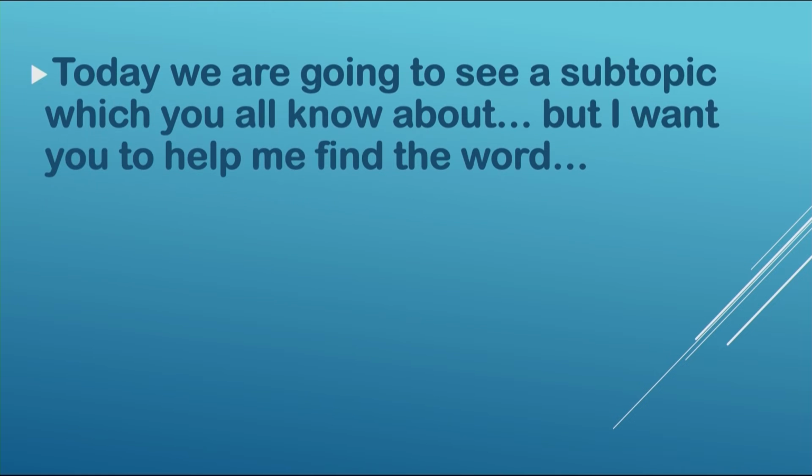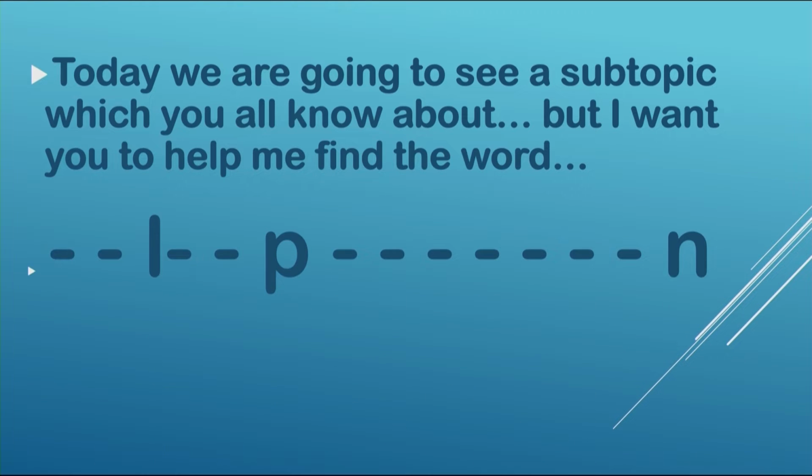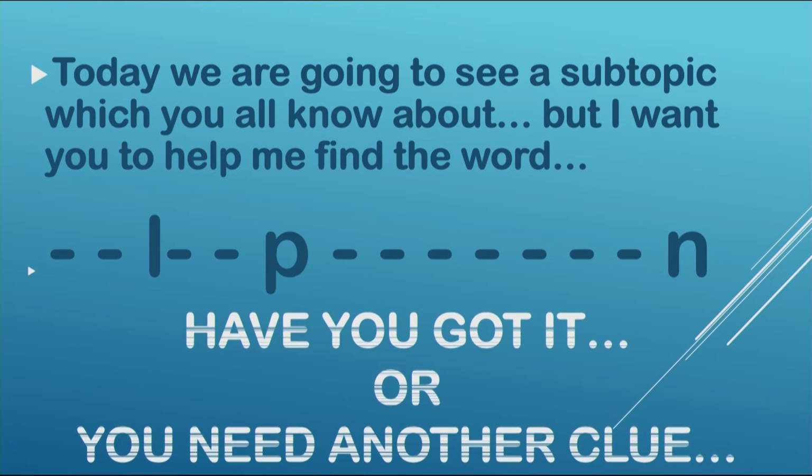Today we are going to see a subtopic which you all know about, but I want you at home to help me find the word. Now, on your screen you see some missing letters and some available letters. What do you think we are going to learn today?